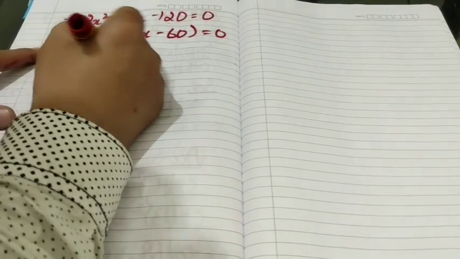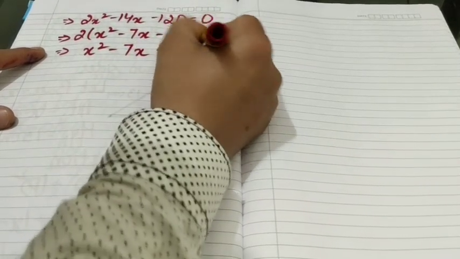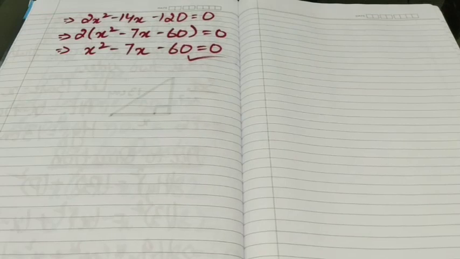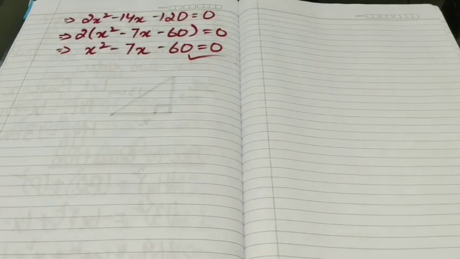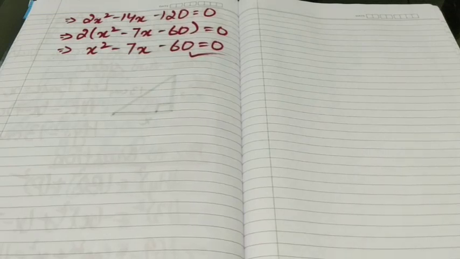So the required equation will become x squared minus 7x minus 60 equals to 0. This is our required equation. So this is how we can frame quadratic equations. In the next section, we will discuss finding solutions of quadratic equations. Thank you.